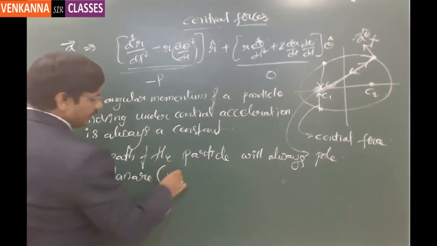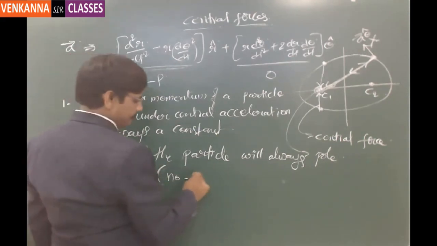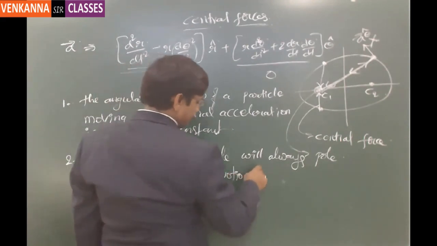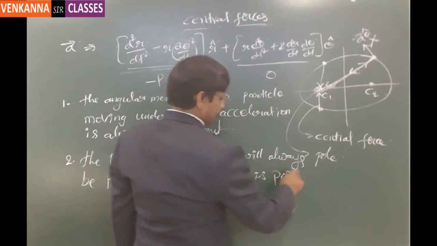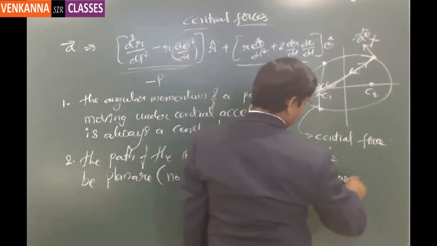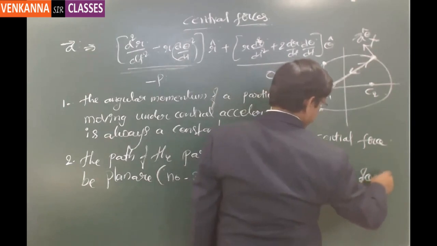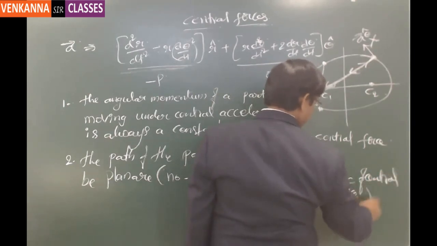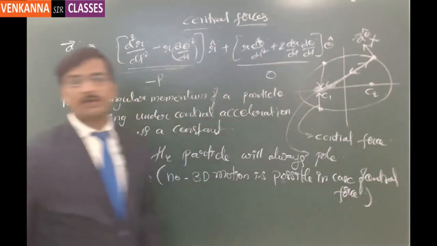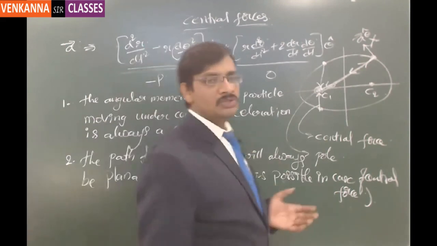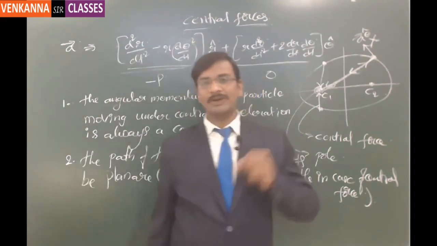Or no three-dimensional motion is possible in case of central force. So these are the two important conclusions of the central force. The angular momentum is going to be a constant value. That is one important conclusion.